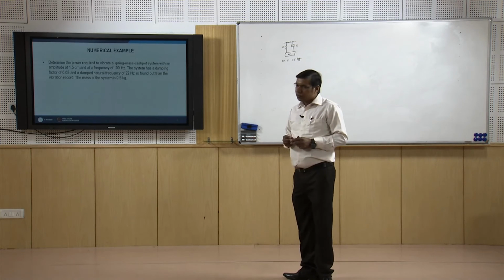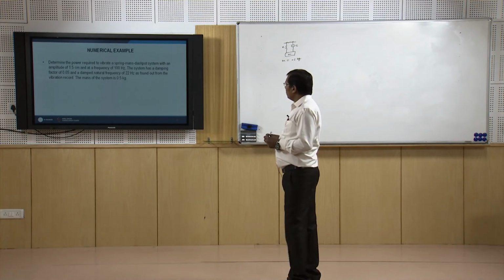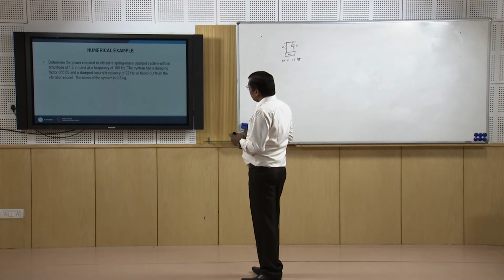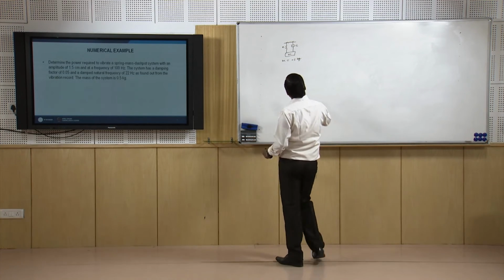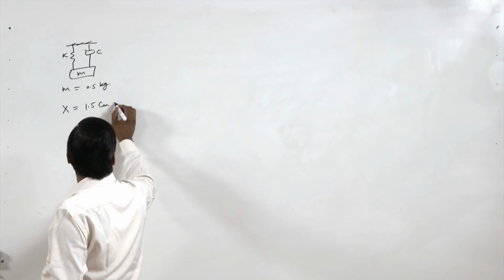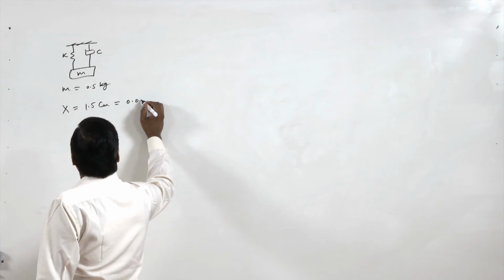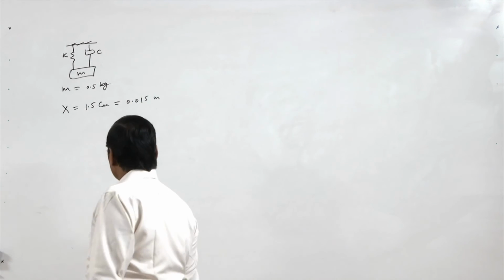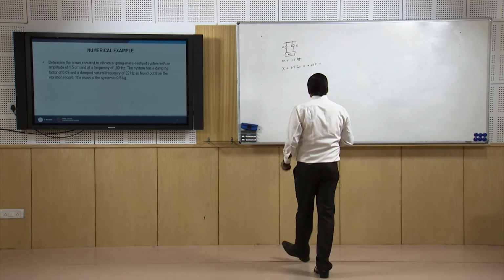Power means the energy per unit time that is required by this system. This system vibrates with amplitude of 1.5 centimeter. So here x is 1.5 centimeter, that is 0.015 meter, and at a frequency of 100 Hertz.